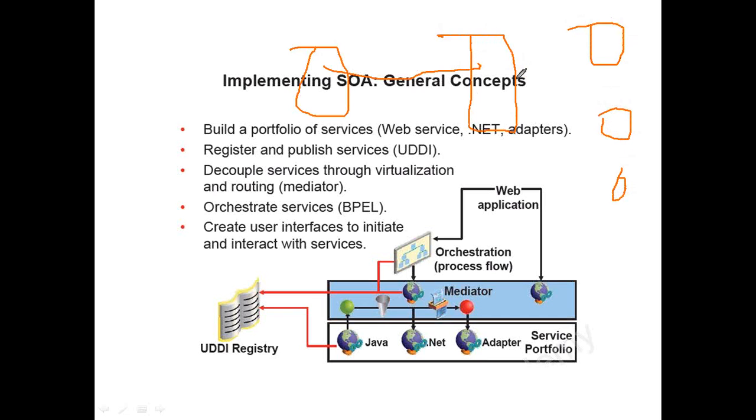Then comes another system that does the virtualization. What does virtualization mean? Virtualization means the source system and destination system should not know what the other is. That means the apps doesn't know that data is being sent from Siebel. Only the SOA knows it. Why is this important?